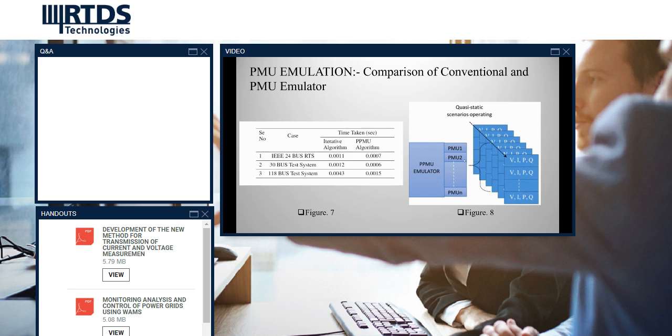We can see that the time involved is about half, and the time for the iterative algorithm increases by a large amount when the system size increases, but the time required for the PPM algorithm is much less than that of the iterative algorithm.